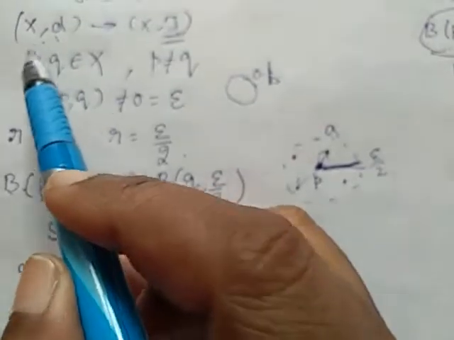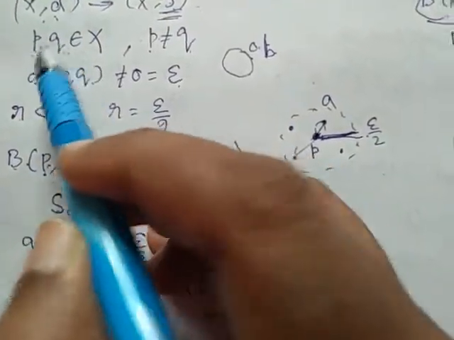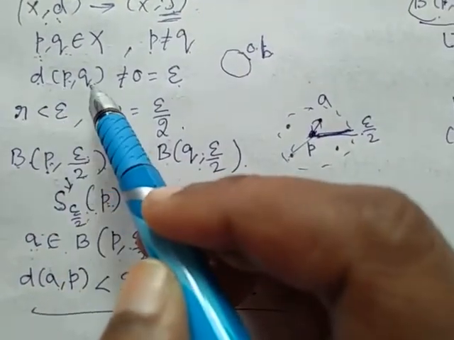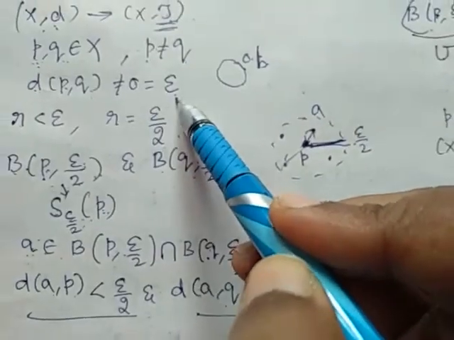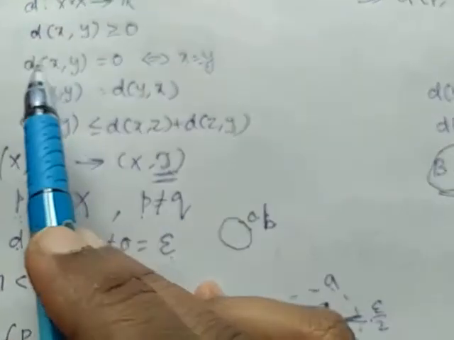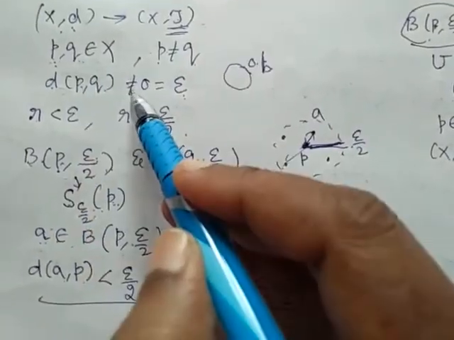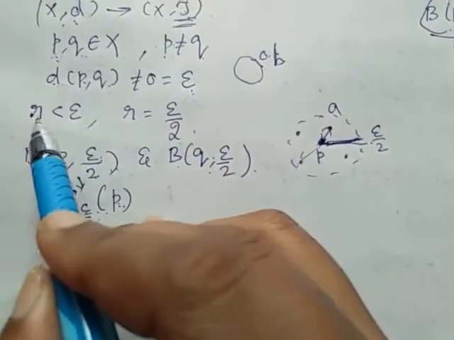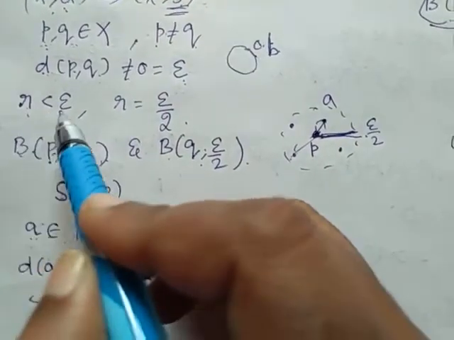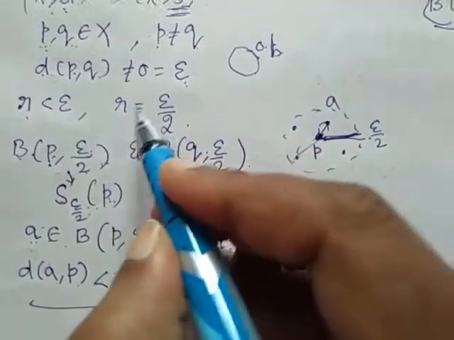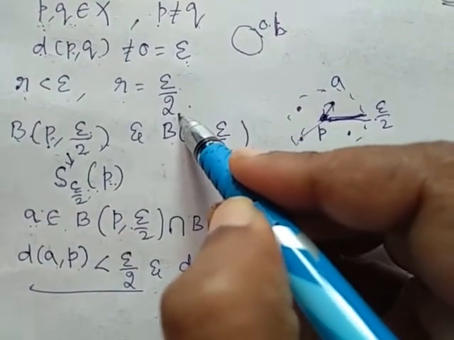So, since these two points are distinct, d(P, Q) is some value epsilon. d(X, Y) is 0 only when X and Y are equal. Here P and Q are not equal, therefore it is not equal to 0. I am considering some radius R which is less than epsilon, so I am taking R as epsilon by 2.